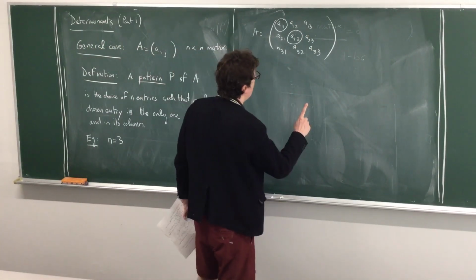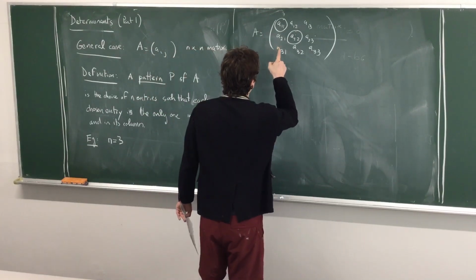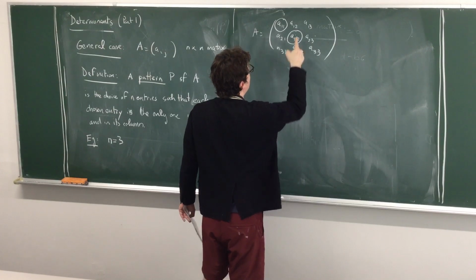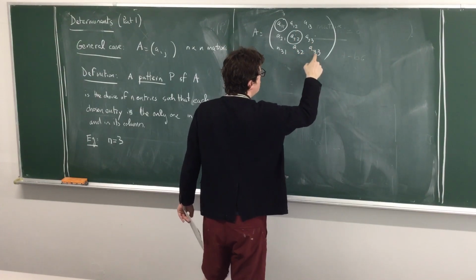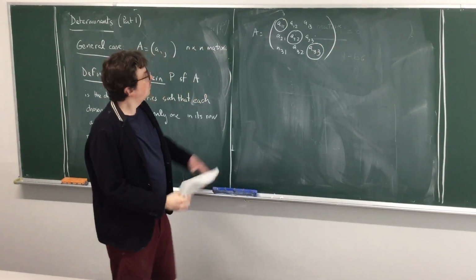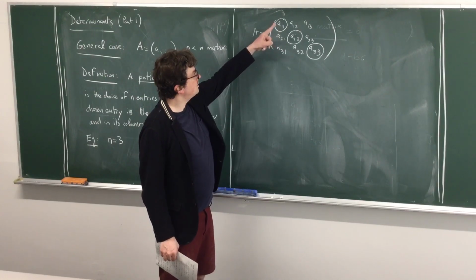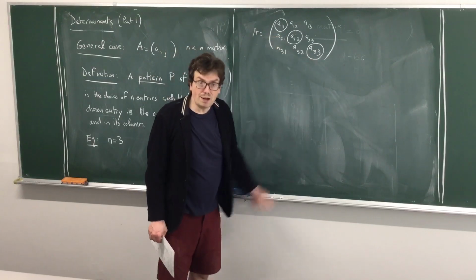Now I need to choose a third entry. This cannot be here because I would have 2 in this column. This cannot be here because I would have also 2. And the only remaining entry is this one. So basically for the first row I had 3 possibilities, second row 2 possibilities, and third row only 1 possibility.